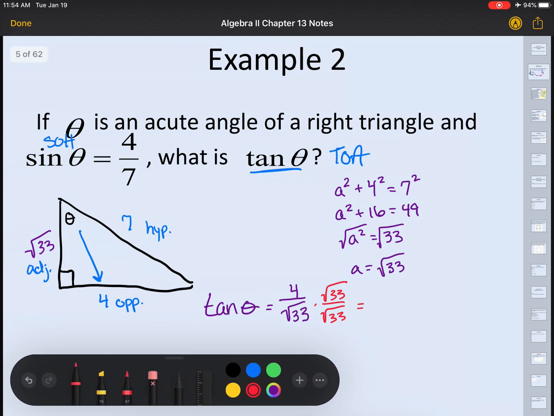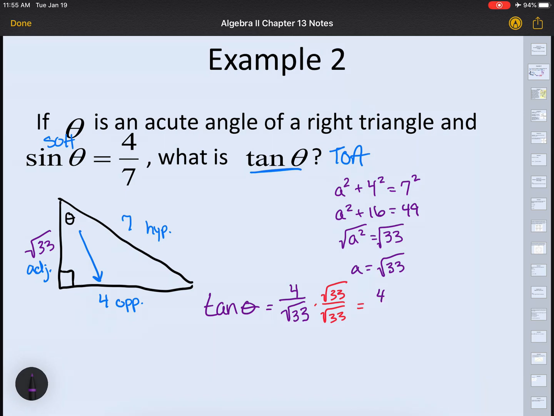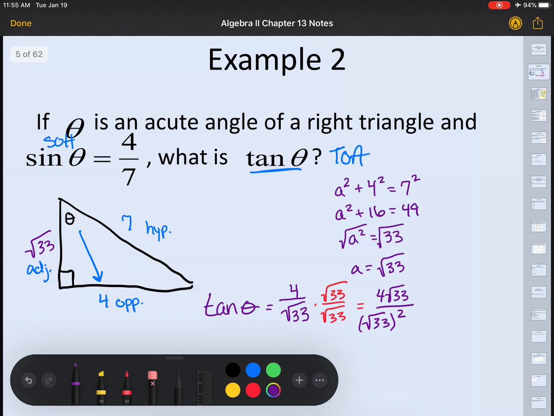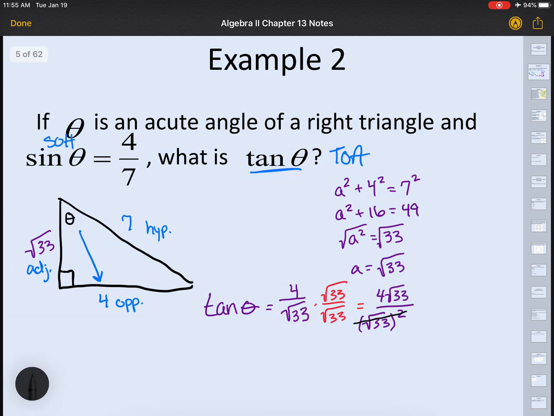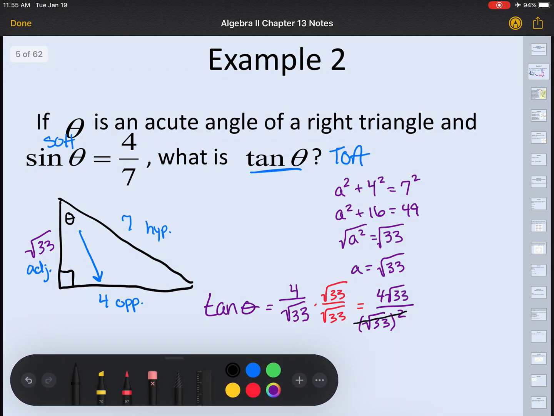Okay, so we're going to have 4 root 33, and then that root 33 basically squared. But a root and the square go away.